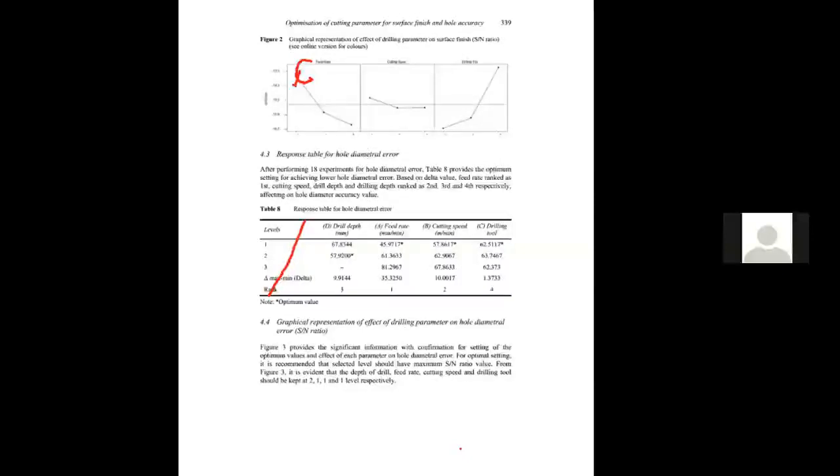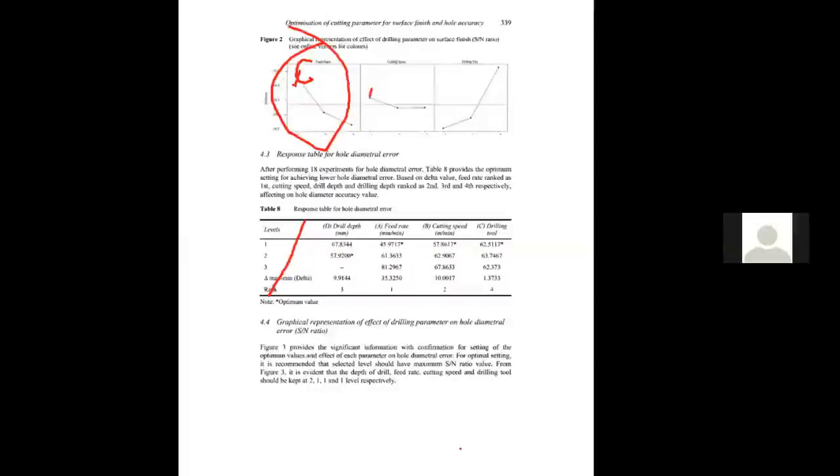Now here you can see directly there is a big deviation, so blindly you can say level number 1. But for cutting speed there is not much deviation, still you can say if I keep the cutting speed at level number 1, which is 30, I will get the maximum surface finish or accuracy.